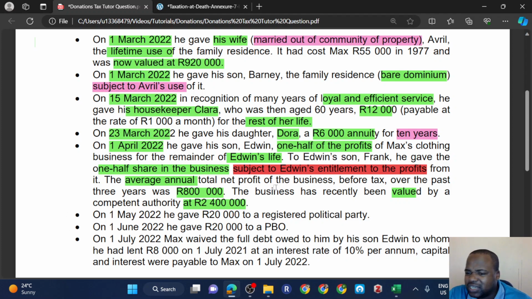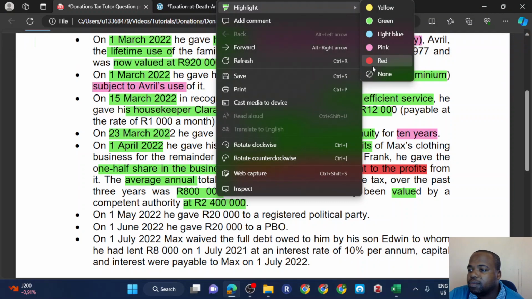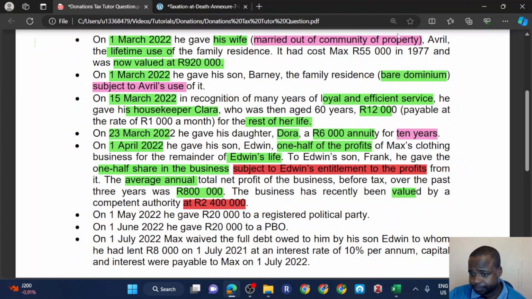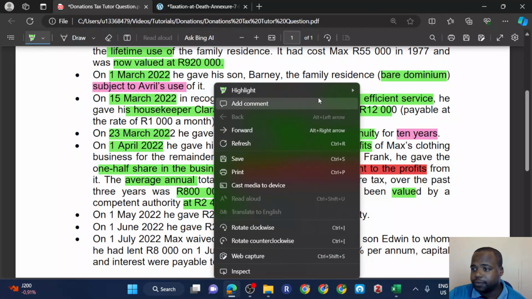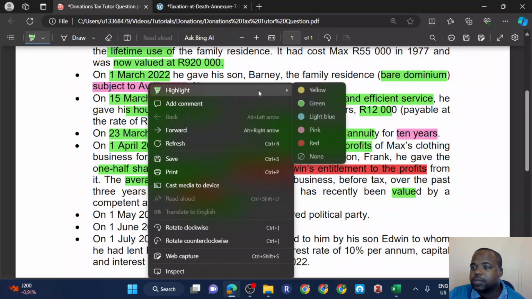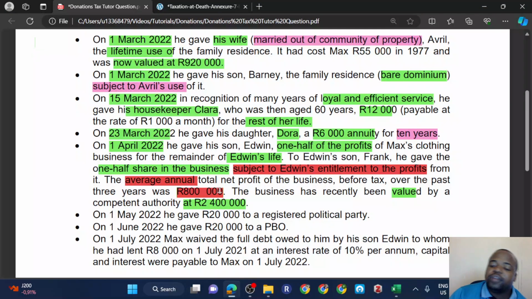Then another point of contention might be, which one do we use between the 2.4 million rands or the 800,000 rands, which is the average annual total net profit for the past 3 years? In this case, we use the 2.4 million rands, because if you were to go to the market and buy this business, you would pay a market value of 2.4 million rands, which will give you full ownership of the business.